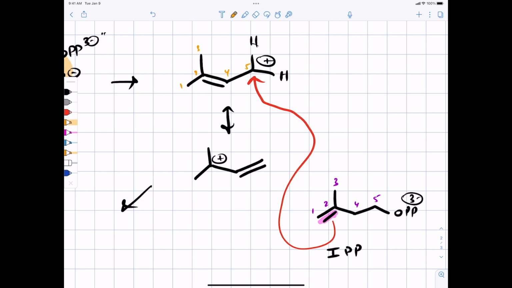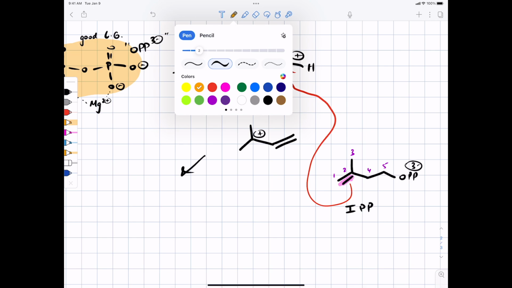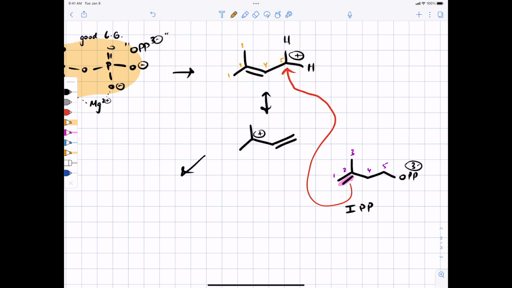One will get the new bond because the electrons in that double bond will move on 5, and just based off of proximity, I think it's more likely to have your methyl group sticking out. Okay. So you prefer attack making a bond between orange 5 and purple 1.